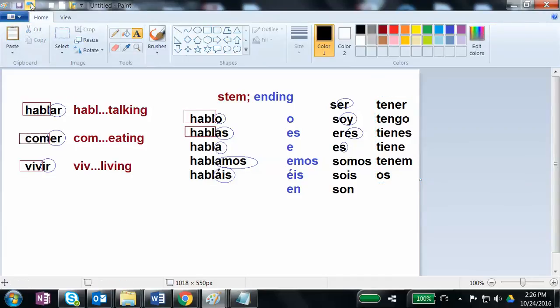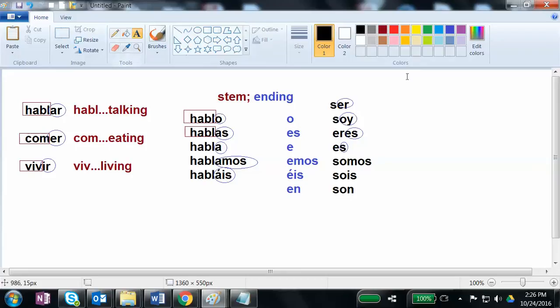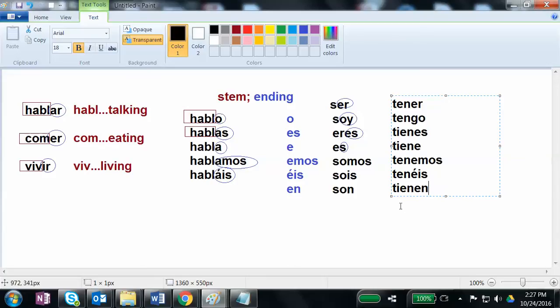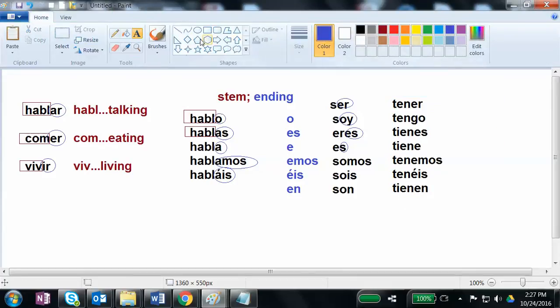Hold on a minute, let me make that bigger. Okay. Tener, tengo, tienes, tiene, tenemos, tenéis, tienen. Okay, so with tener, you can see that it is an ER verb, okay?